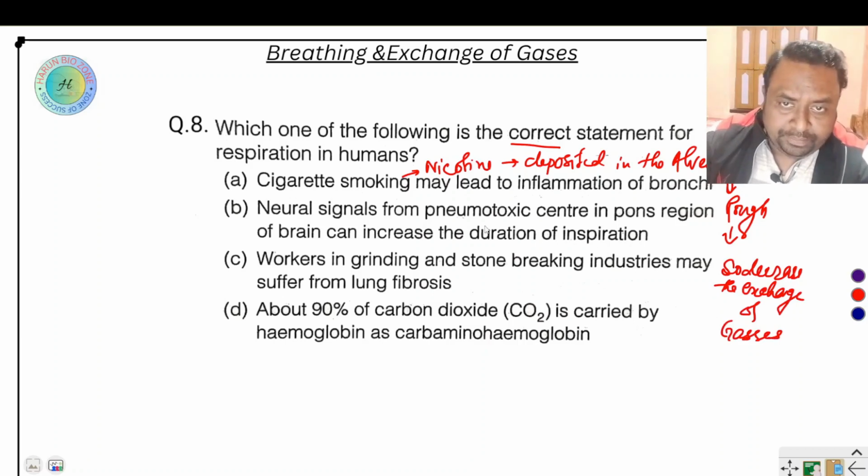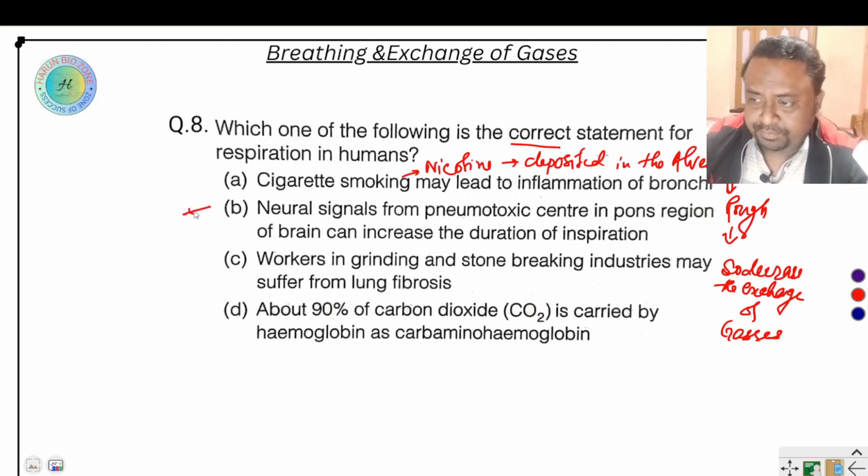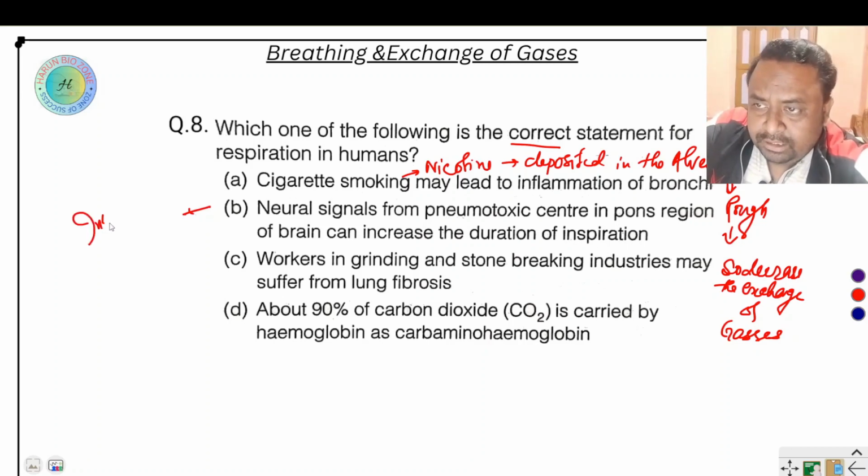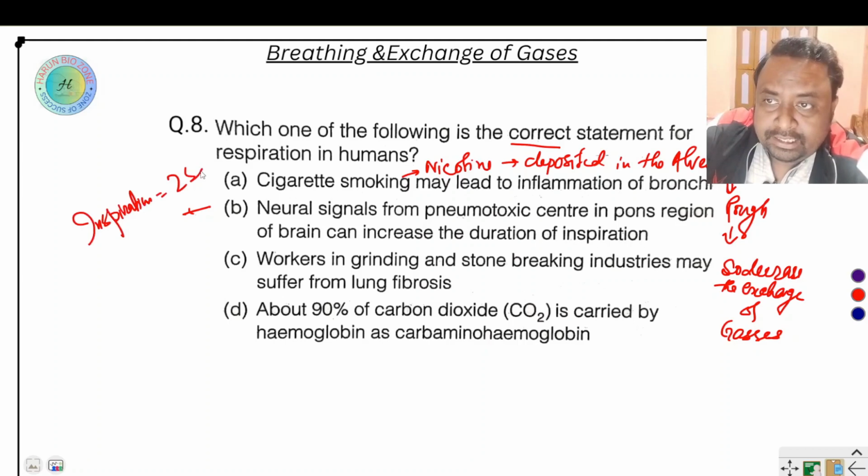Neural signal from the pneumotaxic center in the pons region of the brain can increase the duration of respiration. Normal inspiration time is 2 seconds, but expiration time is 3 seconds.